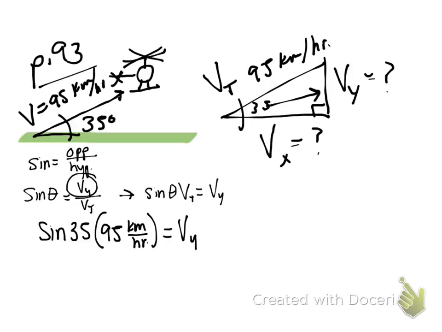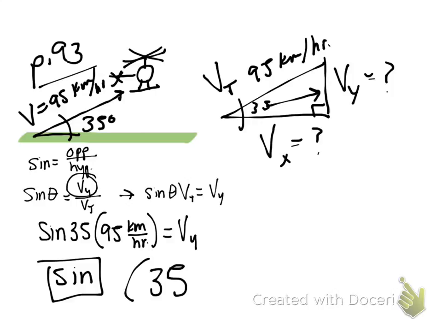Okay. Do you know how to put this into your calculator? On the TI-30 MultiView, if you enter the following button sequence, sine, and then it will automatically pop up a parenthesis, and you enter the number 35, and then you enter this, and then you enter 95, you're going to get the wrong answer.